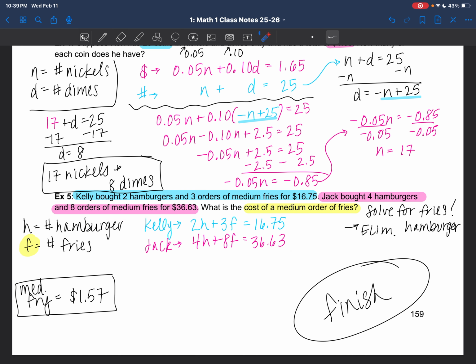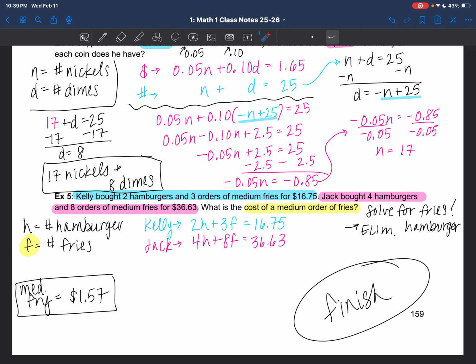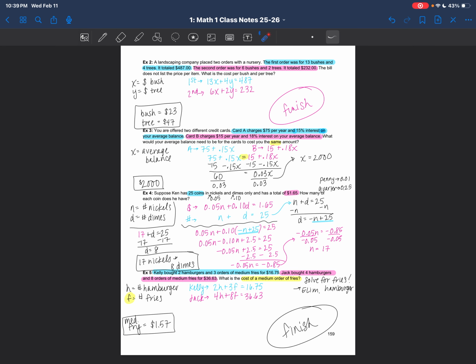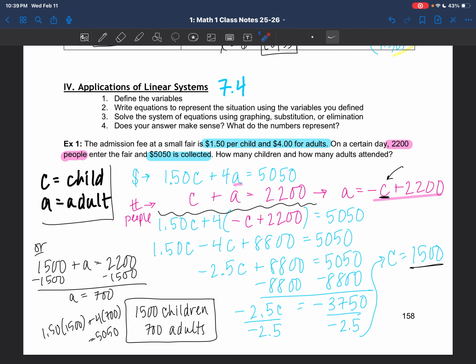Now, in this one, if I want to eliminate the hamburger, I would suggest multiplying the top equation by -2. That's going to get your hamburgers to cancel out. So you're going to finish this problem, but if you do it correctly, the medium fry should be $1.57. So remember, you want to think about how information is related, set your equations up that way, and then that is applications of linear systems.